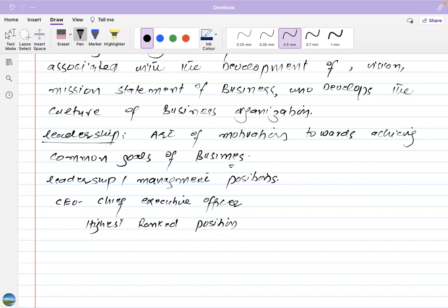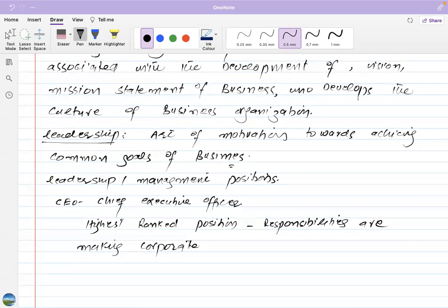His responsibilities are making corporate decisions. When we speak the term corporate decisions, it means the decisions that are related with the long-term strategy. For example, opening of a new office in a new country or not, closing an existing factory operations or not, introducing a new product that might affect the business overall or not.